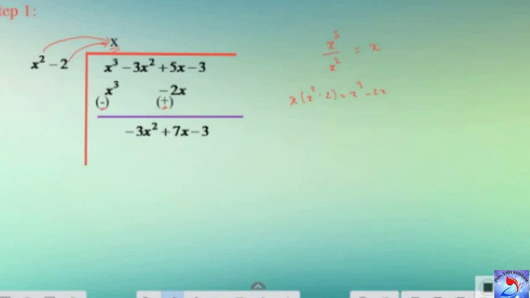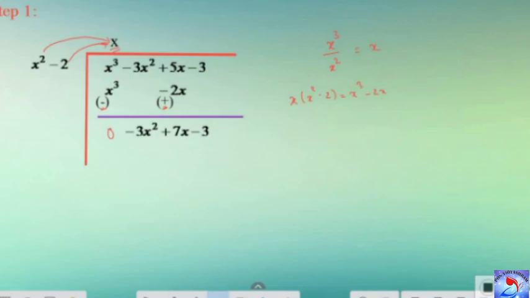Now you can see your x cube and minus x cube get cancelled, leaving you 0 here. The next term that we are going to subtract here is 5x and it is plus 2x. So 5x plus 2x gives you 7x. So actually you have got 0 plus 7x. What about the remaining?